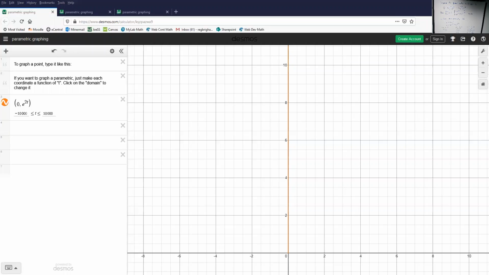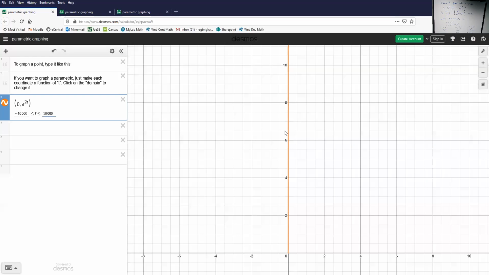This is x equals 0, y equals e to the 2t, and you can look over here in the ordered pair. Desmos does require a finite range for t. I tried plugging in infinity and it didn't like it, but I found that 10,000 was close enough to infinity for all practical graphing purposes here. So this is essentially t goes from negative infinity to infinity.